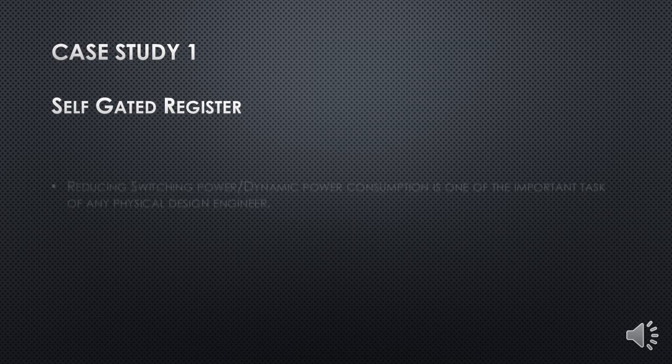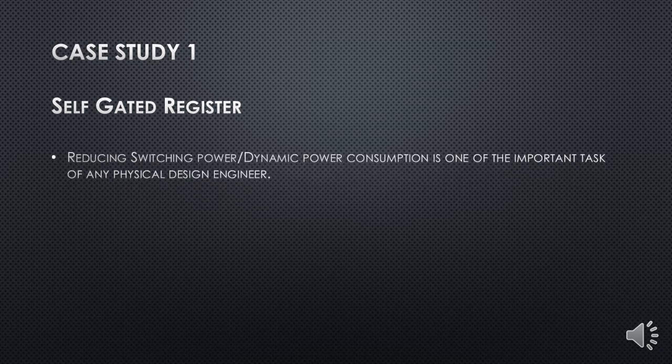Now some case studies which we have. The first one is the self-gated register. Reducing switching power, or dynamic power consumption, is one of the important tasks of any physical design engineer. We develop our chip with as little power consumption as possible.